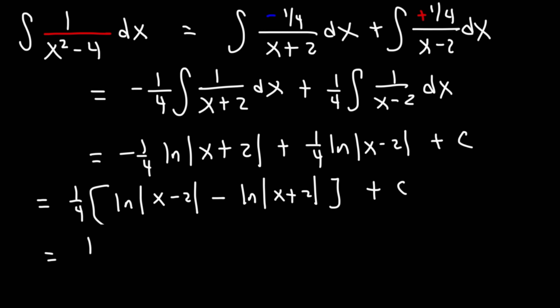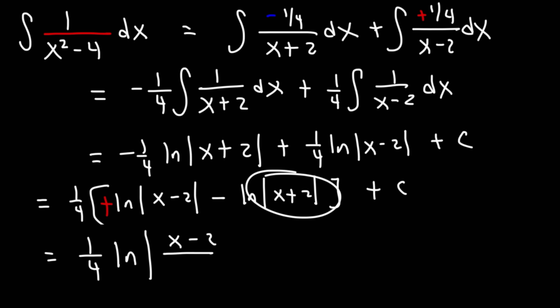So we can rewrite this answer as 1 over 4 times ln of the absolute value of x minus 2 on top, since it's positive, and x plus 2 on the bottom, since it has a negative sign in front of it. And then plus c. So this is the final answer for this problem.